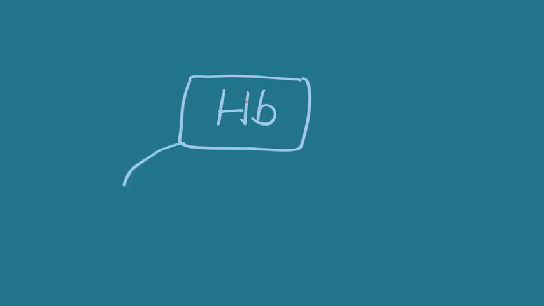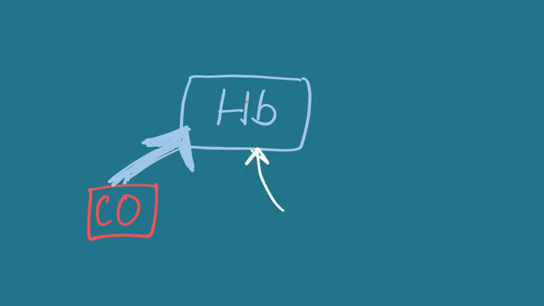There is a third molecule that binds to hemoglobin, and that molecule is a dangerous one. It is carbon monoxide. Carbon monoxide is not normally found in blood, but when it is, it has a very strong affinity to hemoglobin, to the point that hemoglobin cannot bind to oxygen, which it is supposed to do normally.